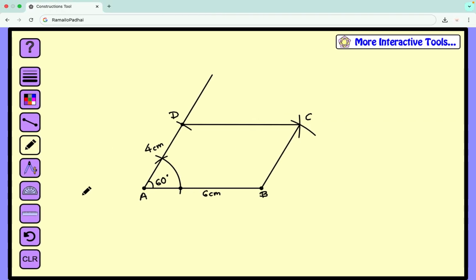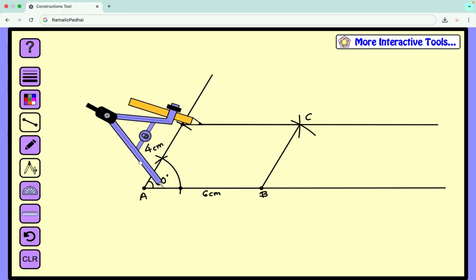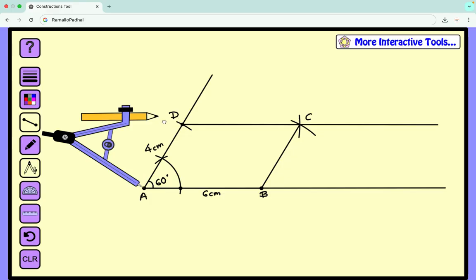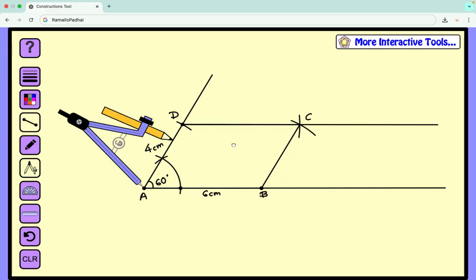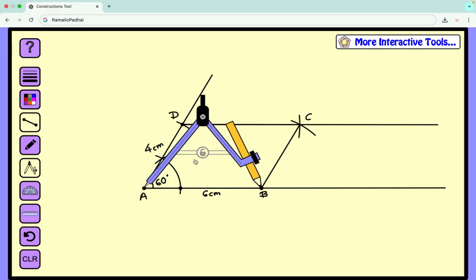So first we will extend this AB and DC. And we will make the base of the triangle double the base of the parallelogram.